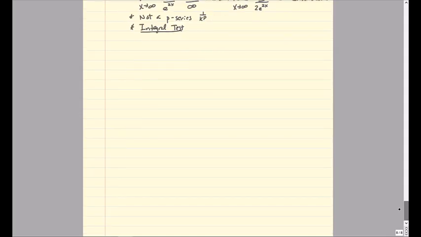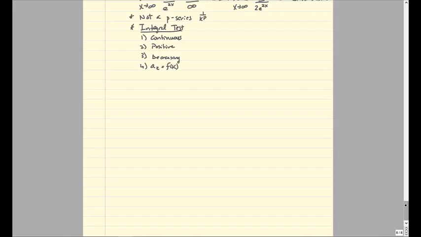So my list of criteria are 1, continuous, 2nd, positive, 3rd, decreasing, and of course that 4th one then would be a of k is equal to f of k.